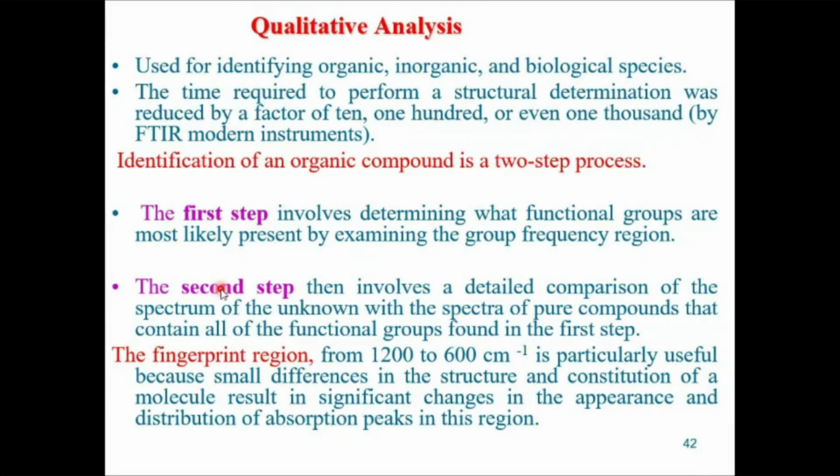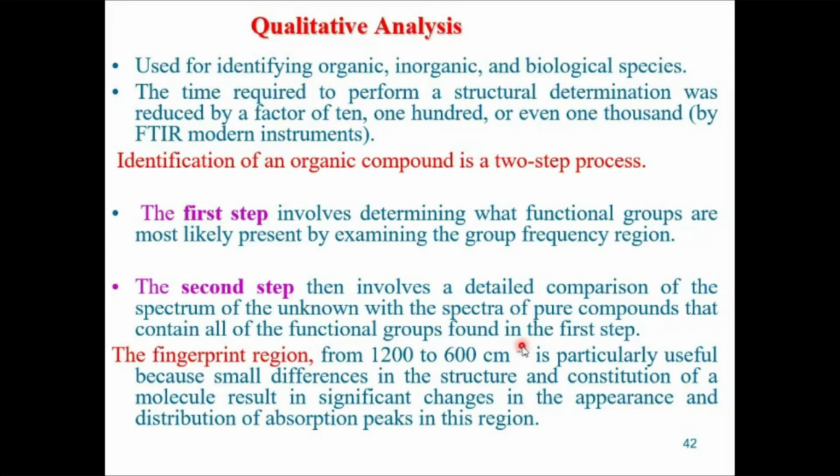Identification of an organic compound is a two-step process. The first step involves determination of what functional groups are most likely to be present by examining the group frequency region. In the second step, there is a detailed comparison of the spectrum of the unknown with the spectra of pure compounds that contain all the functional groups found in the first step.